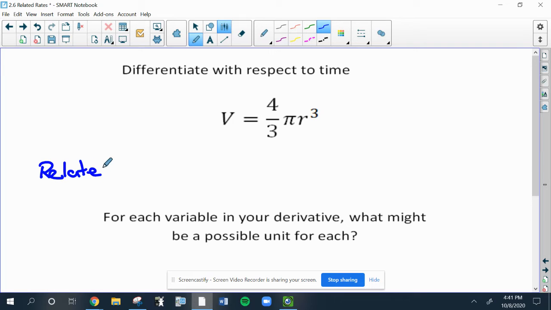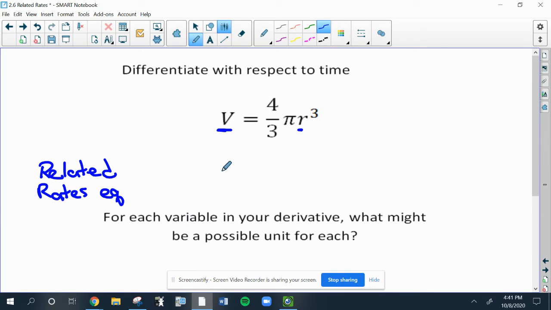To make a related rates equation, you differentiate both sides with respect to t. So you have two variables, V and r.